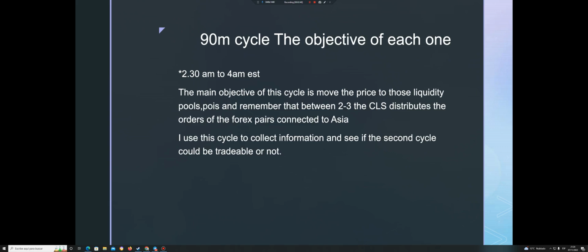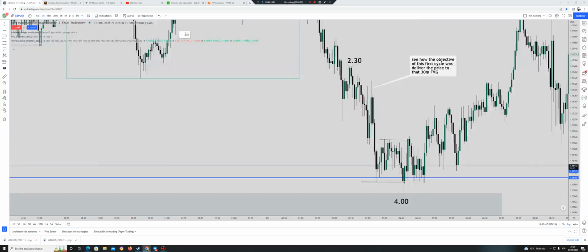Imagine it takes Asia high, and after that it starts going down, creating the high of the day. So like I said, I use this cycle mostly to collect information and see if the second cycle could be tradable. Why? I'm going to show you now.